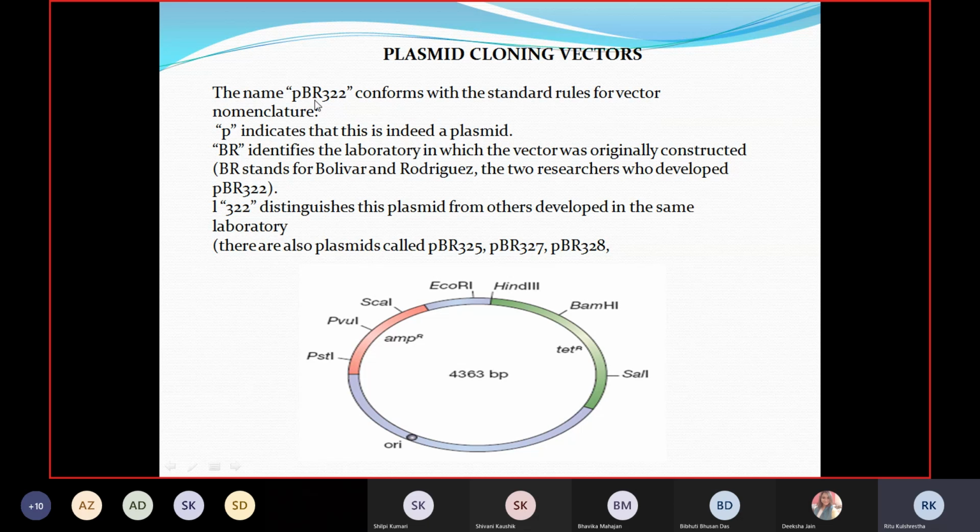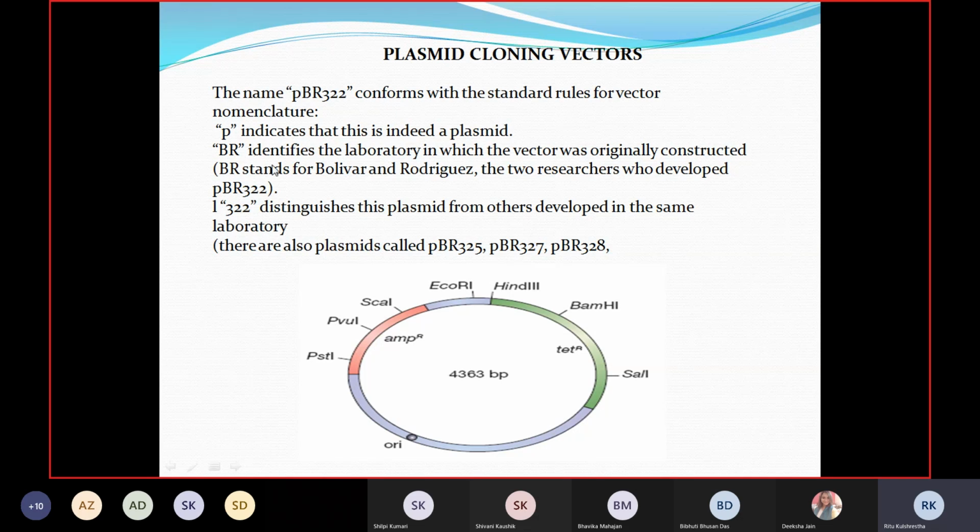First let me tell you how the nomenclature of plasmids works. Generally, the small p is the first thing that you put before each plasmid name. Then BR in this case refers to the scientists or the universities where the plasmid was developed.